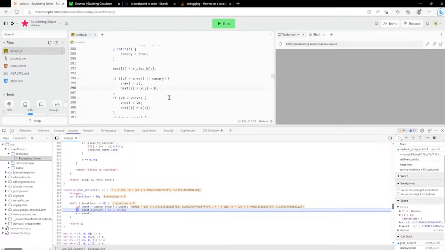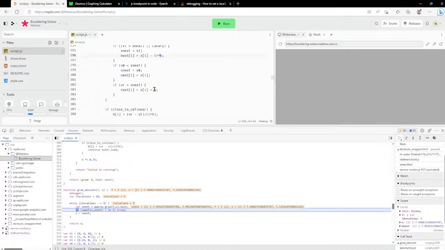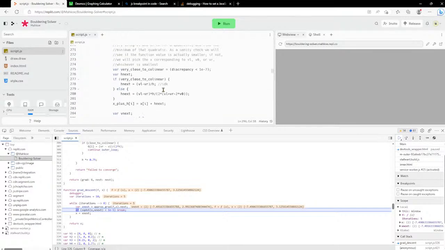Minus LR times H and plus LR times H. But it might not be defined at that point. All right, we need a better way to pick the step size.